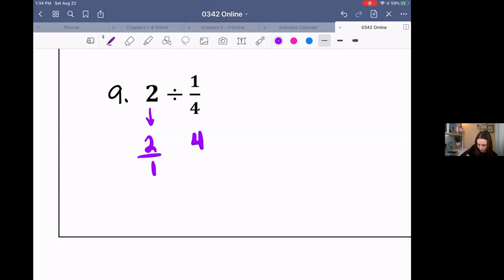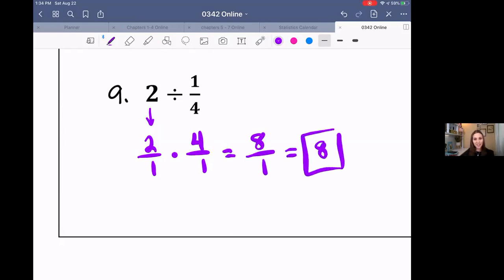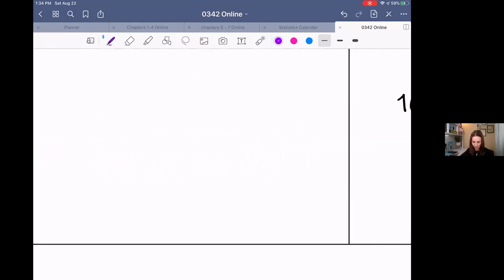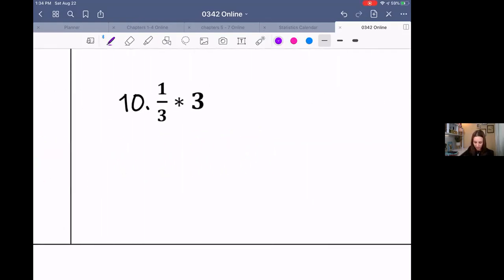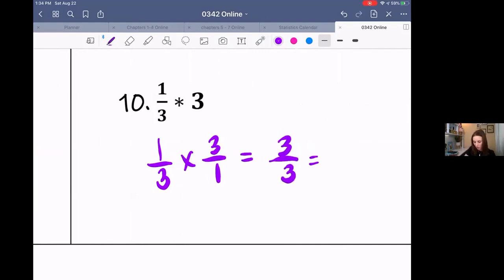So now we're going to flip the second and multiply. We get 8/1, which is 8. That's so nice. Last one. Same thing, we can put that 3 as a fraction, and we get 3/3, which is 1.